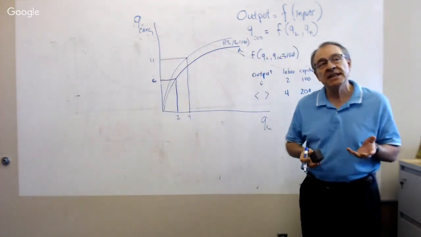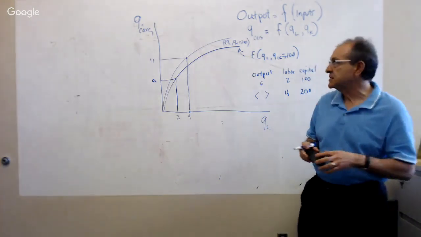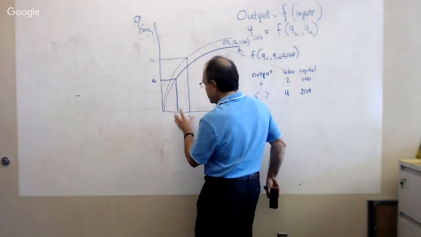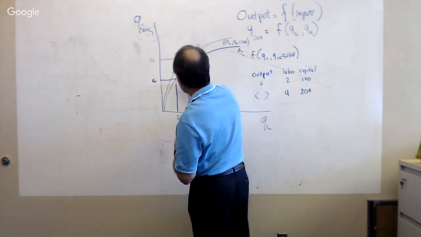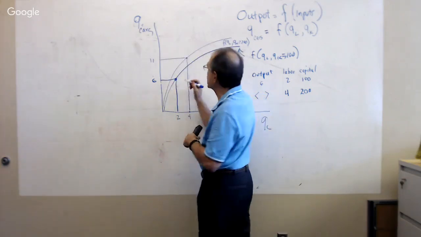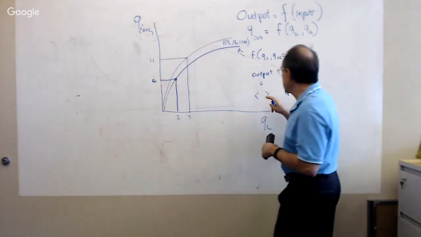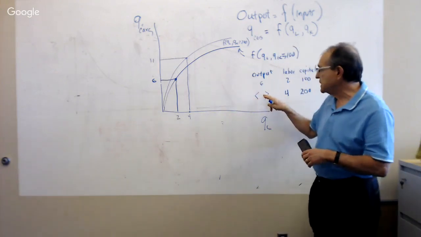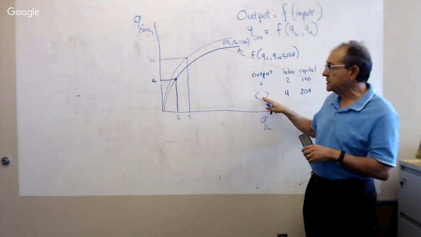So as you see there, I have decreasing returns to scale technology, because I doubled all the inputs and I went from a production level of 6 to 11, which is less than 12, which would have been constant returns to scale.